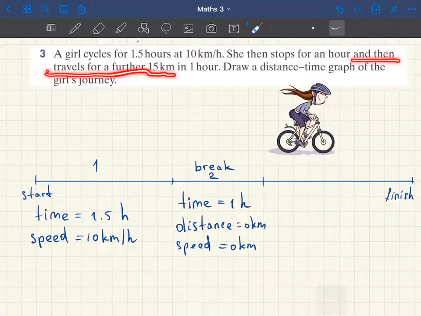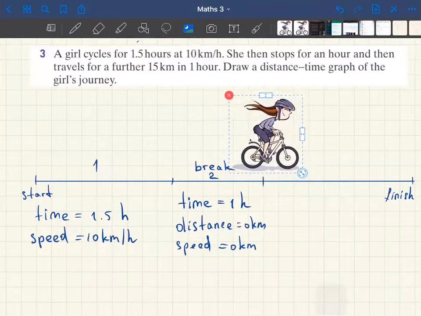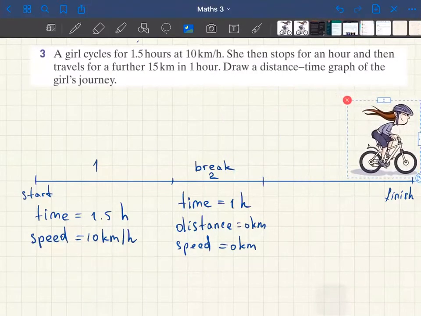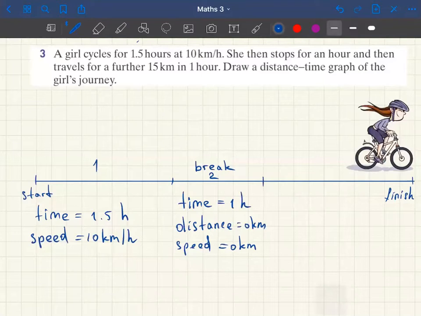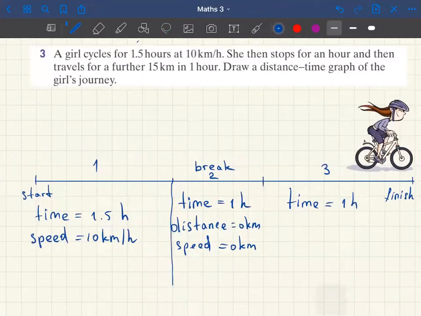And then the last region: she travels for a further 15 kilometers in 1 hour. She starts here and goes for a further 15 kilometers in 1 hour. So time is 1 hour for this last region, region number 3 we can call it. I'm going to separate those regions.